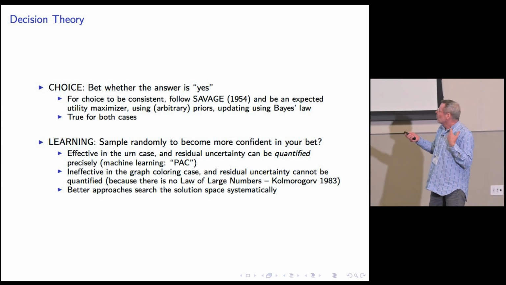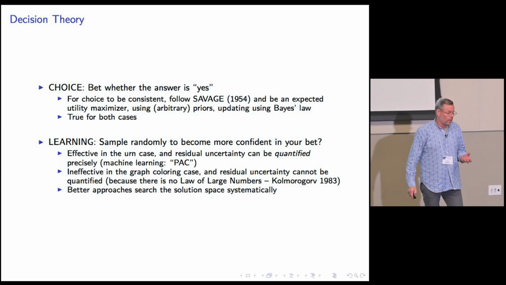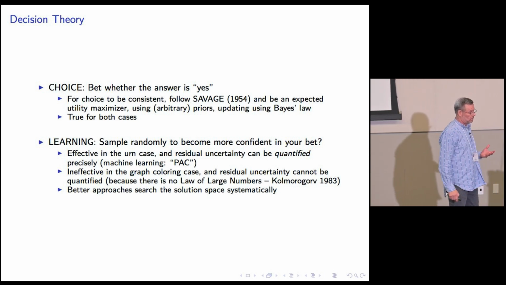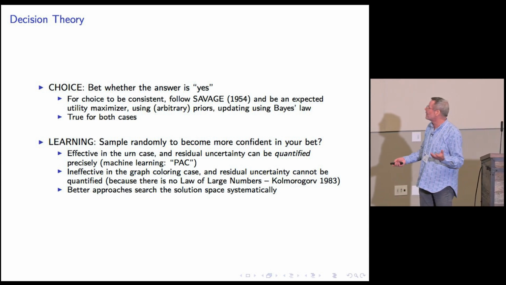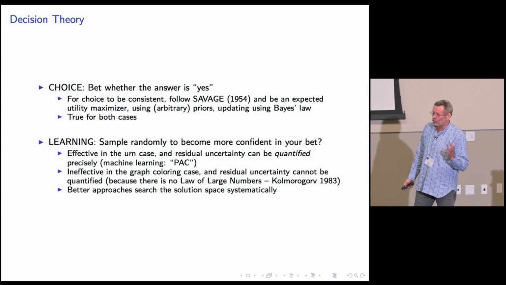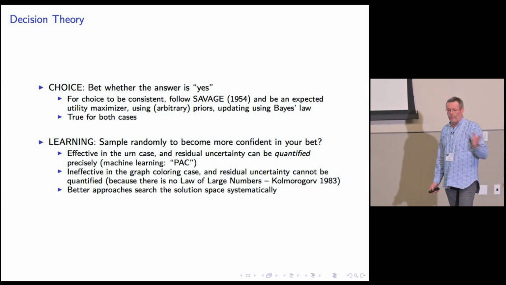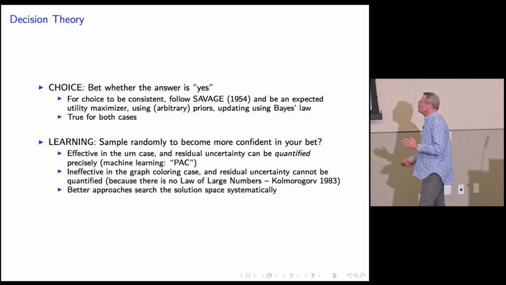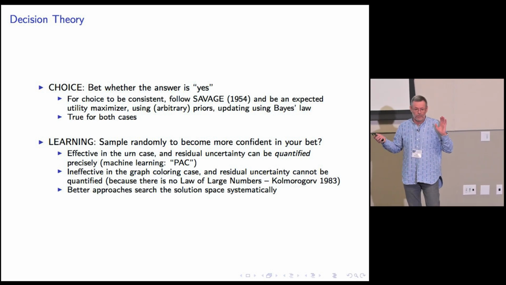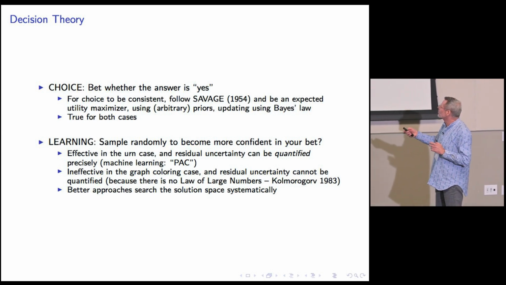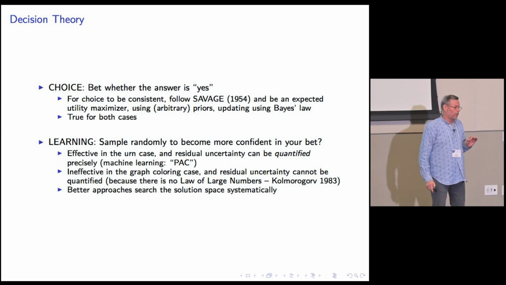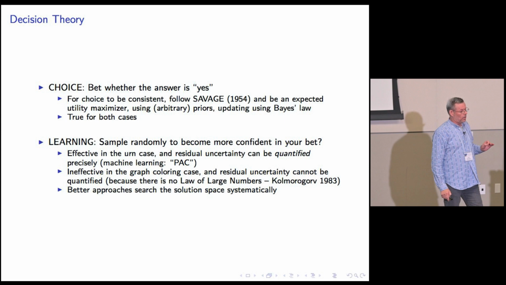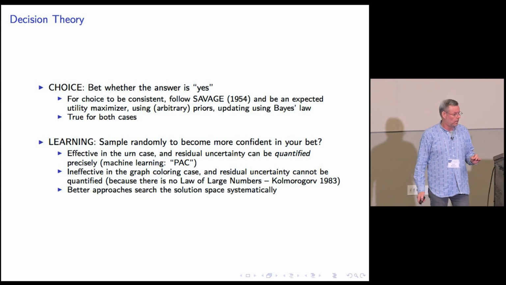So for your choice to be rational over time across all the possible bets, you follow Savage's prescriptions, and you basically become an expected utility maximizer. And you use arbitrary priors. It doesn't matter which priors you use. You just use arbitrary priors, and maybe you update using Bayes' law. And that's true for both cases, right? The Savage theory is generic for uncertainty here.